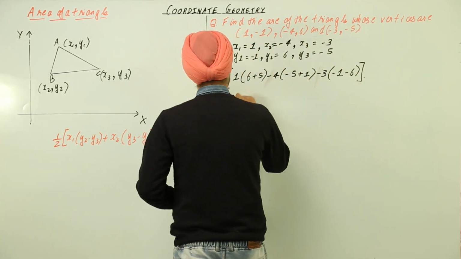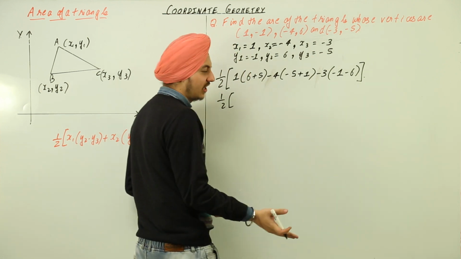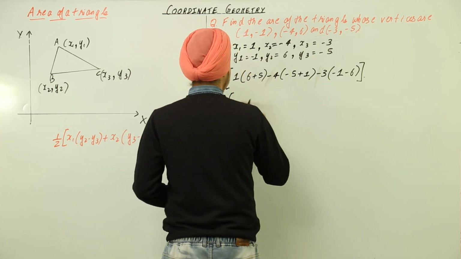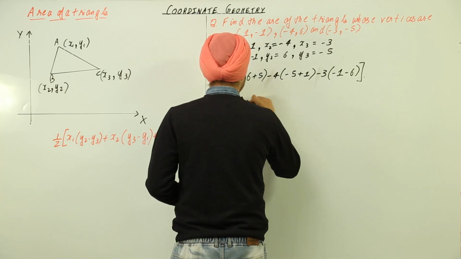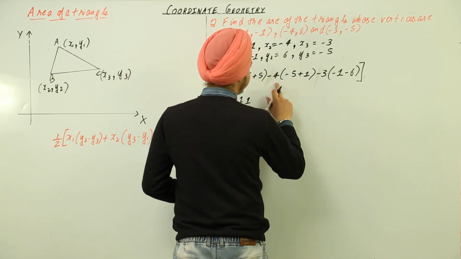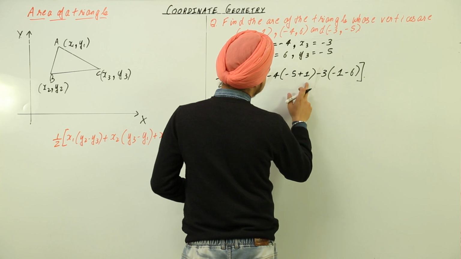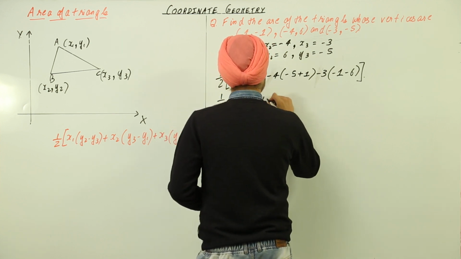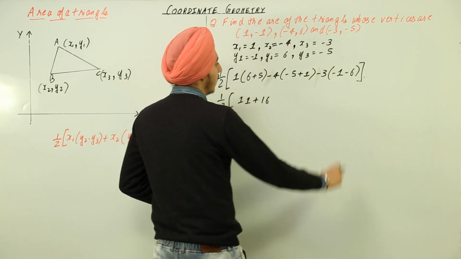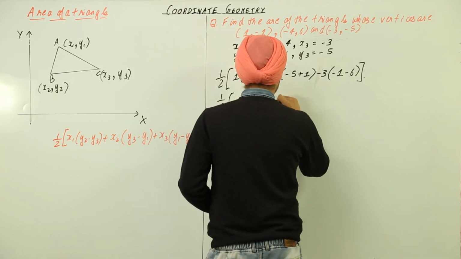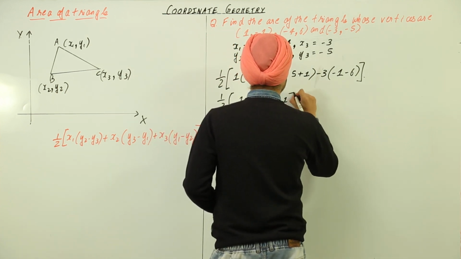So what do we have over here? We have half into, now it is only calculations, 6 plus 5 is 11, minus 4 into minus 4 is equal to plus 16, and we have minus 7 into minus 3, which is equal to plus 21.